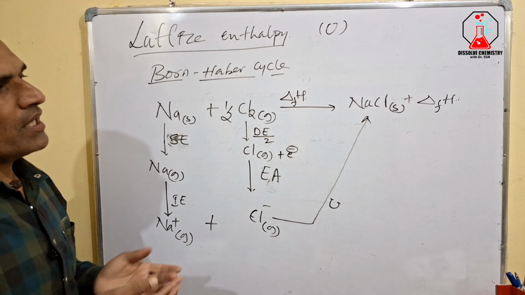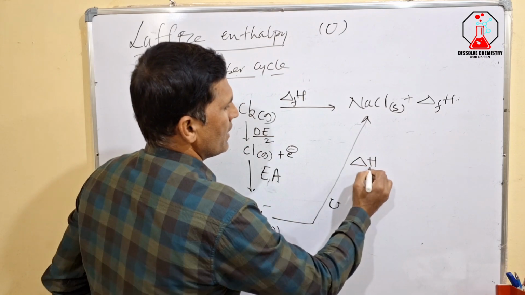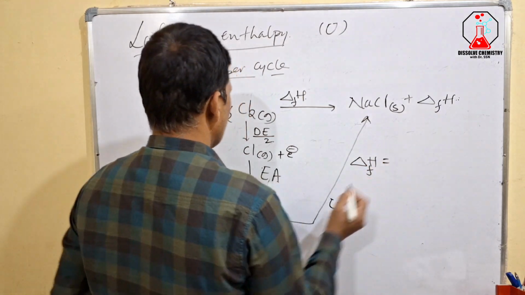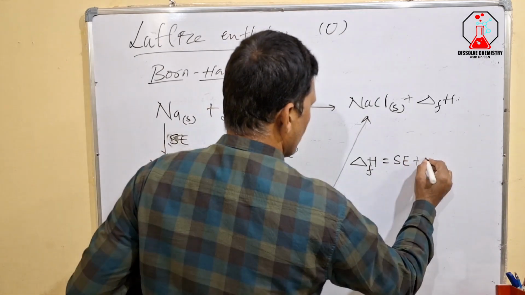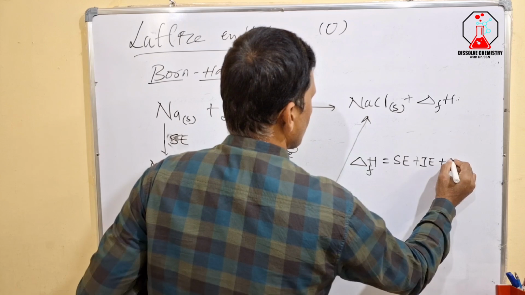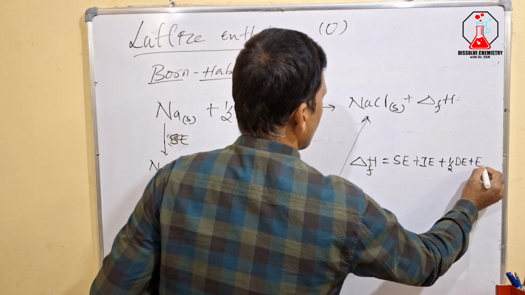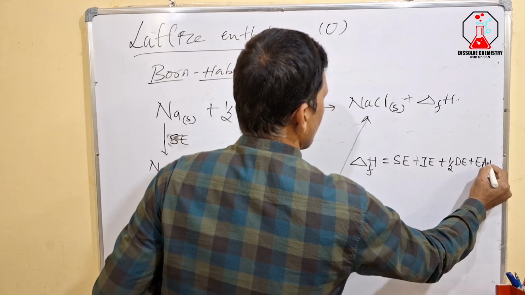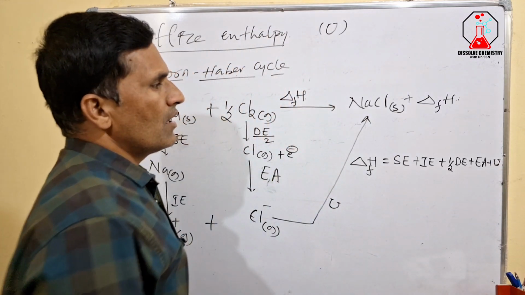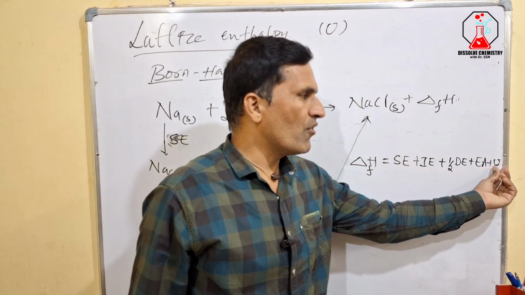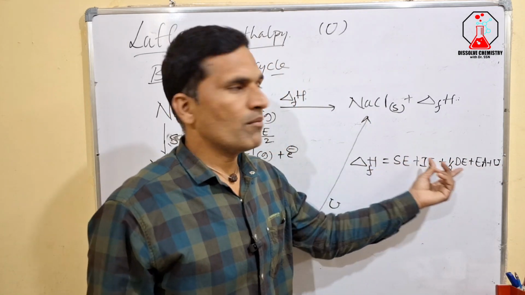So now how can we calculate the total enthalpy of formation? Write here: delta H of formation is equal to sublimation energy plus ionization enthalpy plus half of dissociation energy plus electron gain enthalpy, plus U, that is lattice enthalpy. Now among these terms, if any one is unknown, then we can calculate it from all the other data.